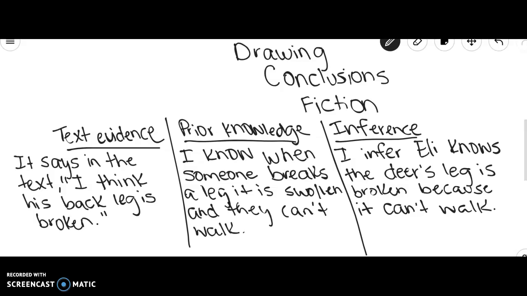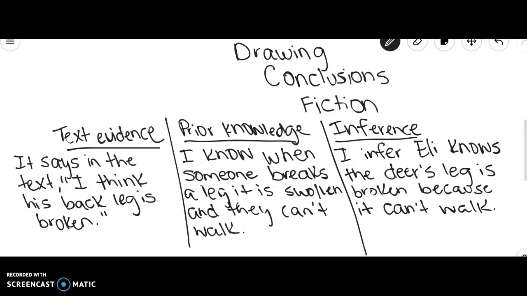Then we use prior knowledge, which is everything that we already know about something in the text. So I know when someone breaks a leg, it is swollen and they can't walk. So we use our text evidence and our prior knowledge and we make an inference, which we can infer about a character. So I infer Eli knows the deer's leg is broken because it can't walk.